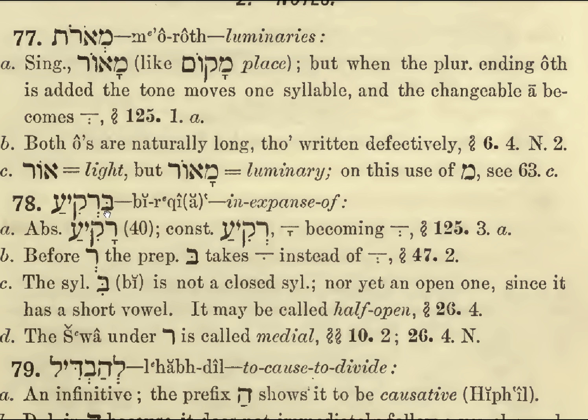It is an open syllable in a way, but the r still flows into it. Birki'ang. So it's a half open syllable, or a half closed syllable if you like, because if it's half open, it's going to be half closed by definition. The shva under the resh is a medial shva.